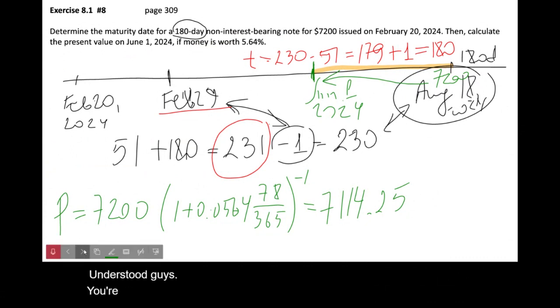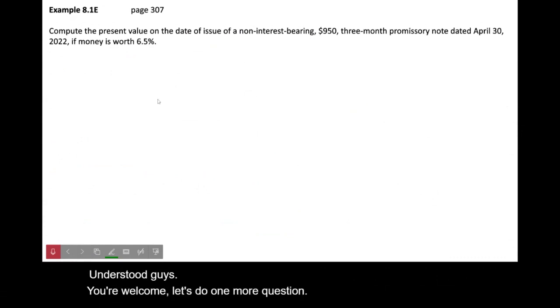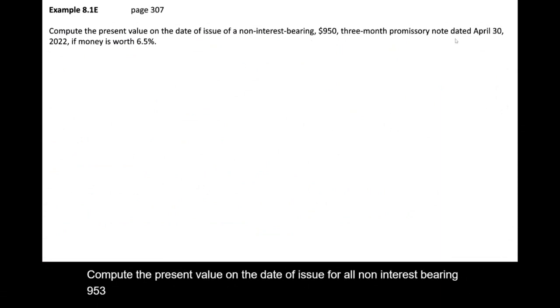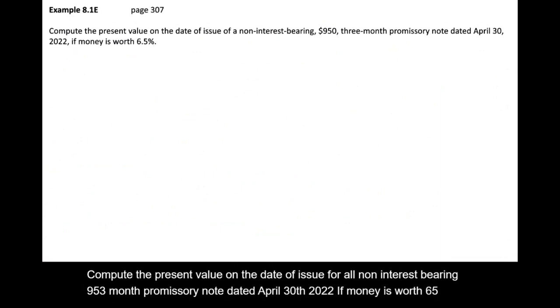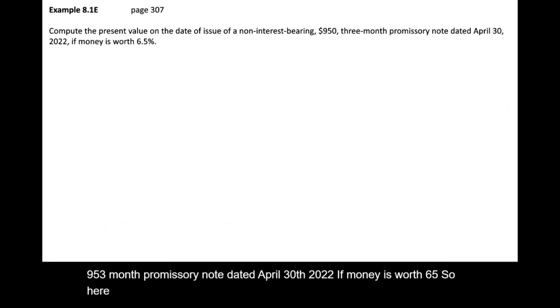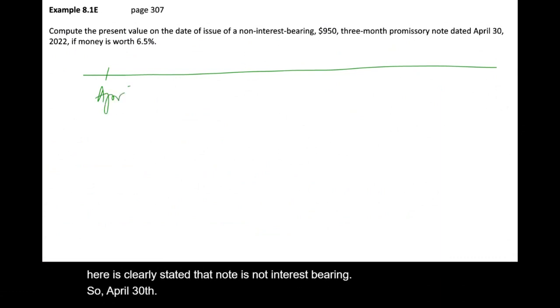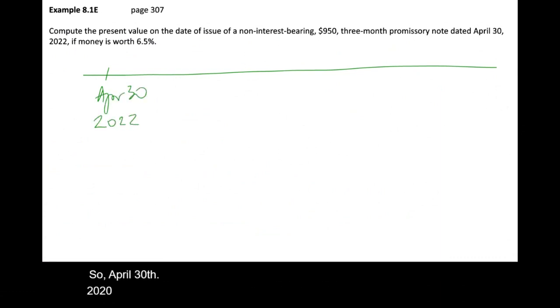You're welcome. Let's do one more question. Compute the present value on the date of issue of non-interest bearing 3 months promissory note dated April 30th, 2022 if money is worth 6.5%. So here is clearly stated that note is non-interest bearing. So April 30th, 2022, quick check right away.